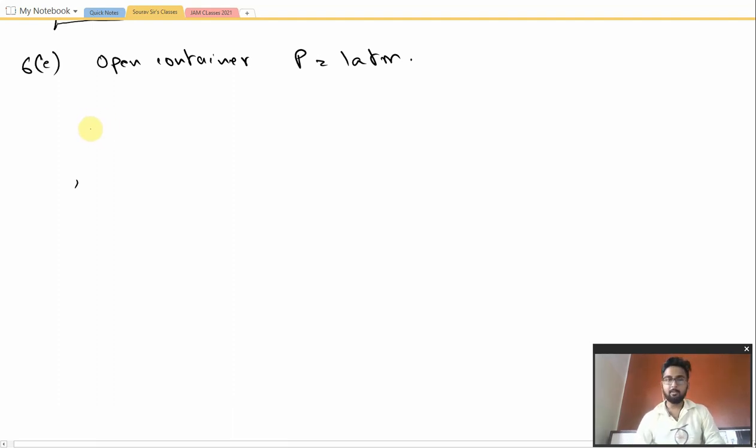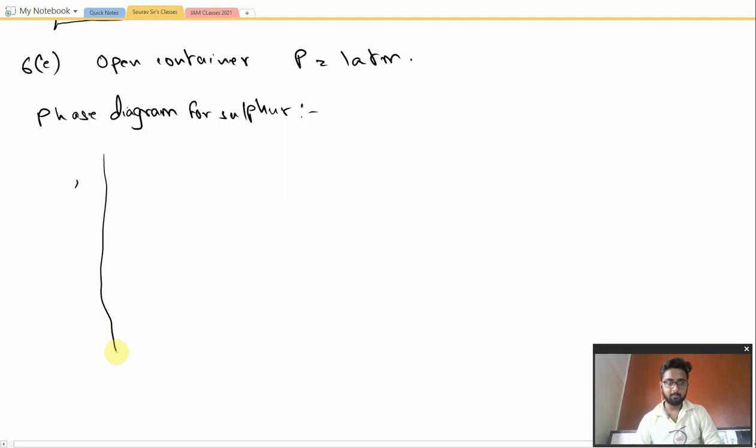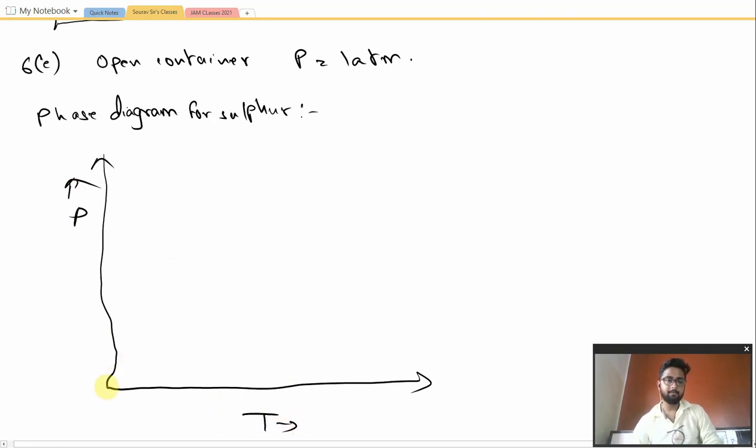So let me firstly draw the phase diagram for sulfur. We have pressure over here, we have temperature.